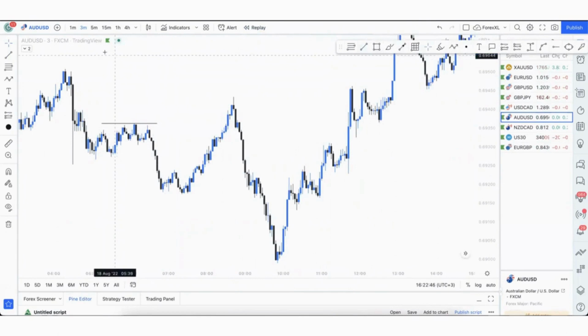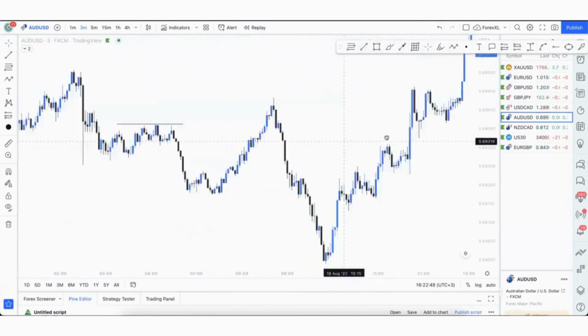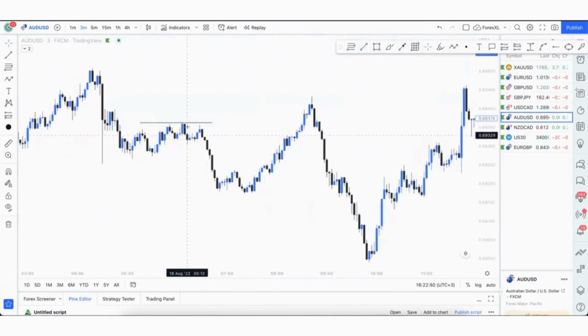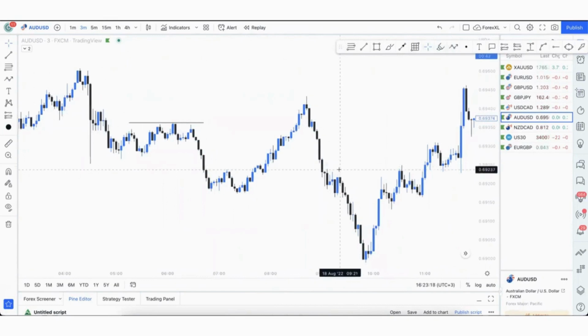When you see a market behaving like this, many retailers suspect that if the price goes here, it will go down. Yes, it's true, but remember that there's liquidity here. Price will go up there and sweep all the liquidity above it and then go down, as you can see here in the chart.